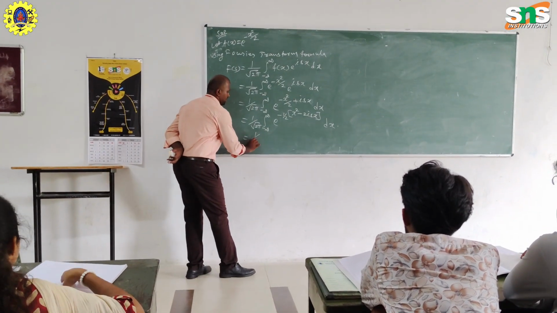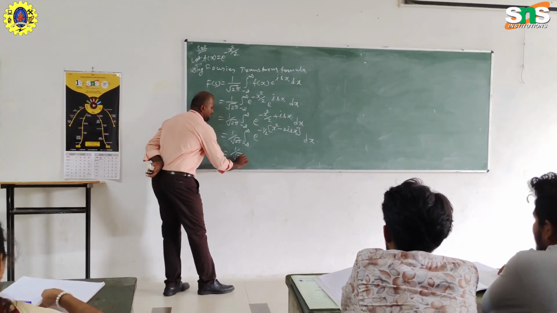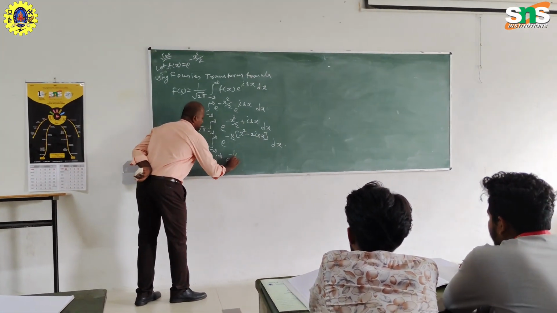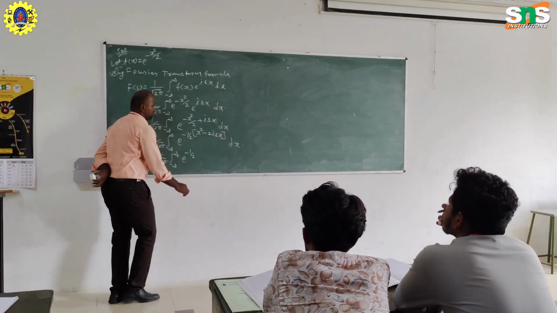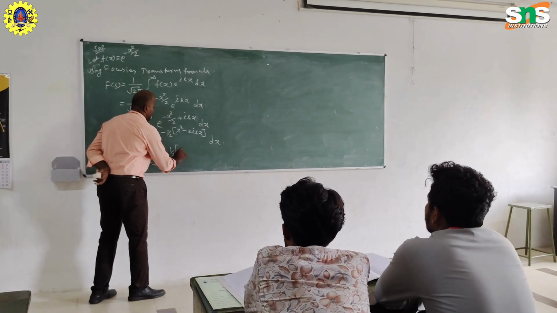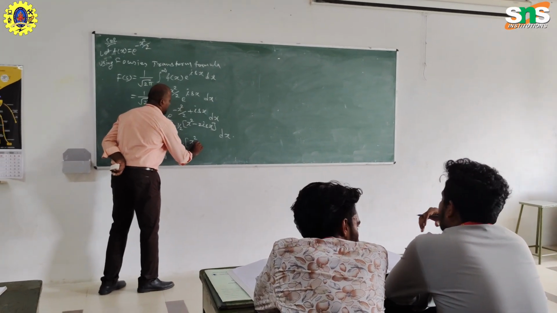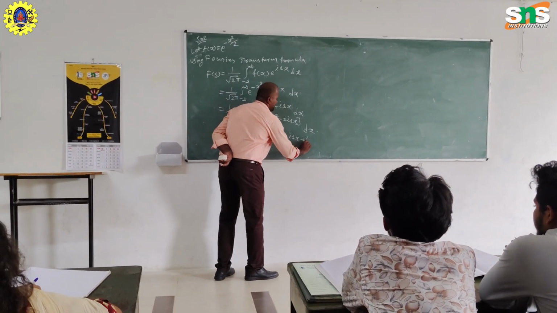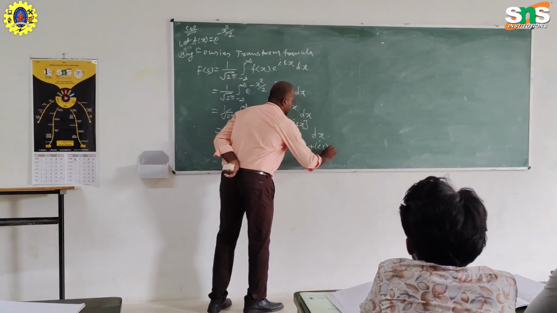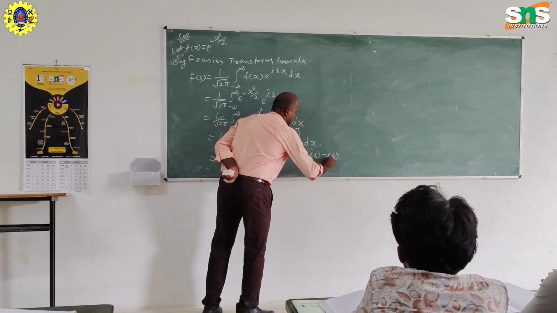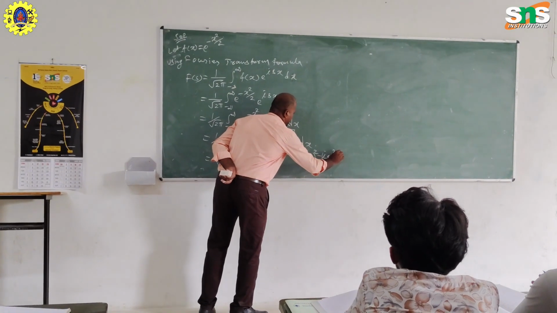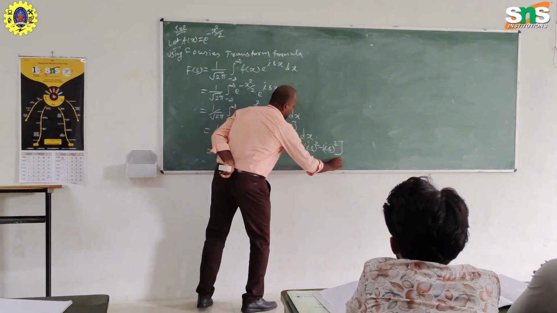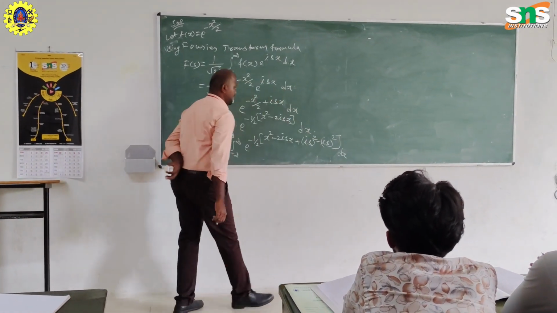Next, 1 by root 2 pi integral e power minus 1 by 2 into x square minus 2isx plus, adding and subtracting, is whole square, into dx.